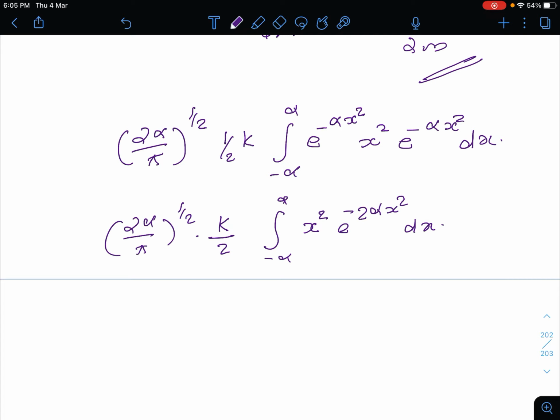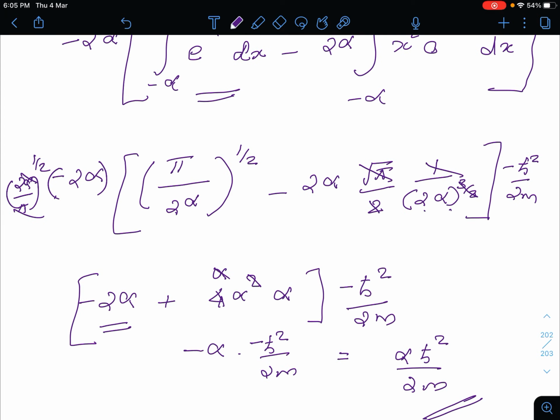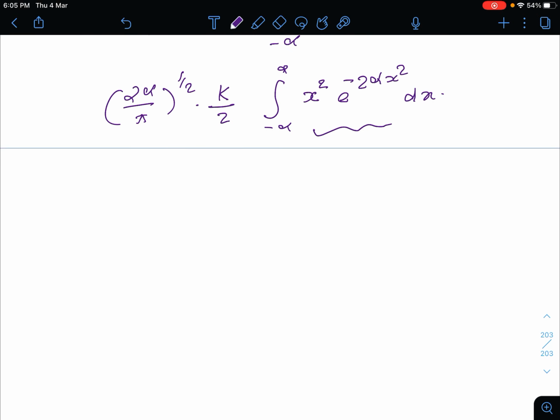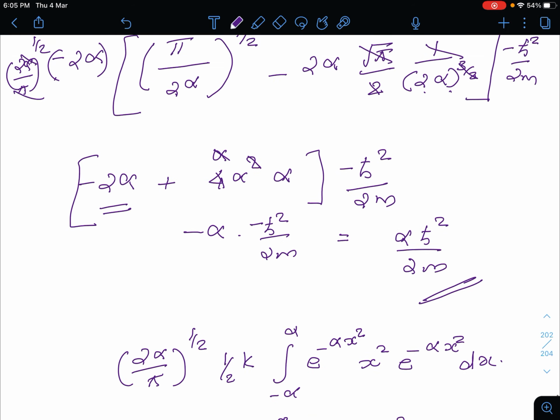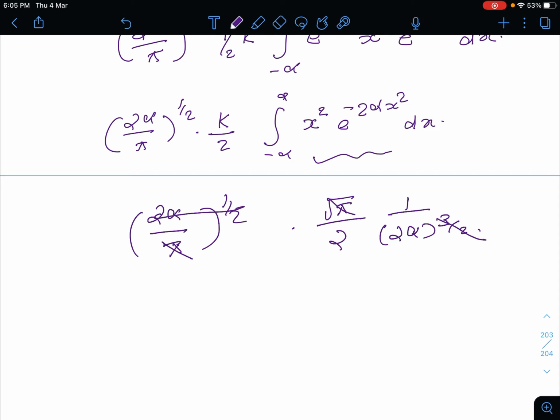This integral we have already done, and we got it as root pi by 2, 1 by 2 alpha all raised to 3 by 2. Alright. So 2 alpha by pi all raised to half, root pi and root pi get cancelled. 2 alpha raised to 1 by 2 and 3 by 2 get cancelled. So 2 alpha will be there.